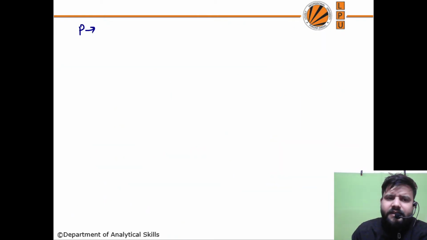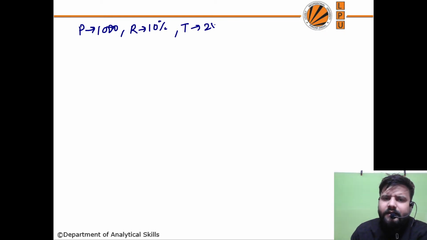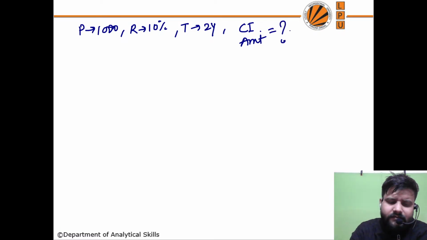Question was, principal is 1000, rate of interest is 10%, time is 2 years, and I am asking you CI and amount. What we know is that this 10% is not flat.